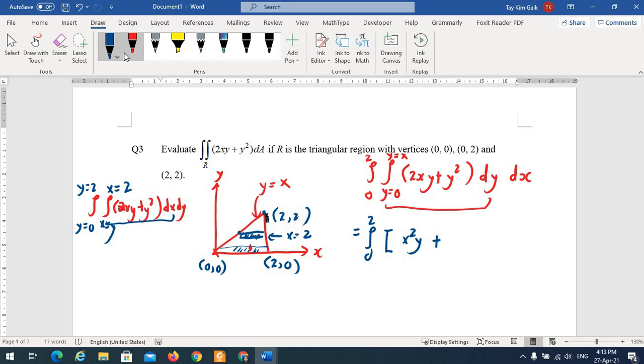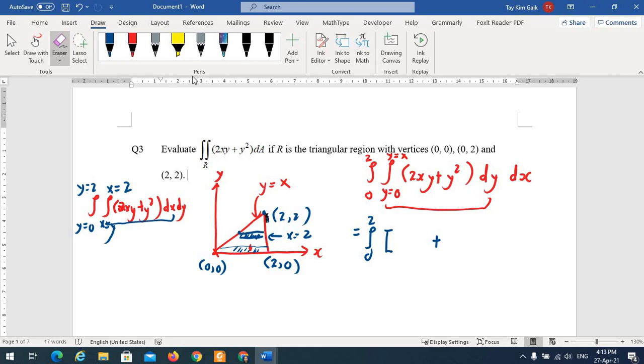Do you realize I made a mistake? When you integrate with respect to y, x is constant, so what I did was wrong. That was integrating with respect to x, not y. That's why, when you do a double or triple integral, identify which variable is constant first.